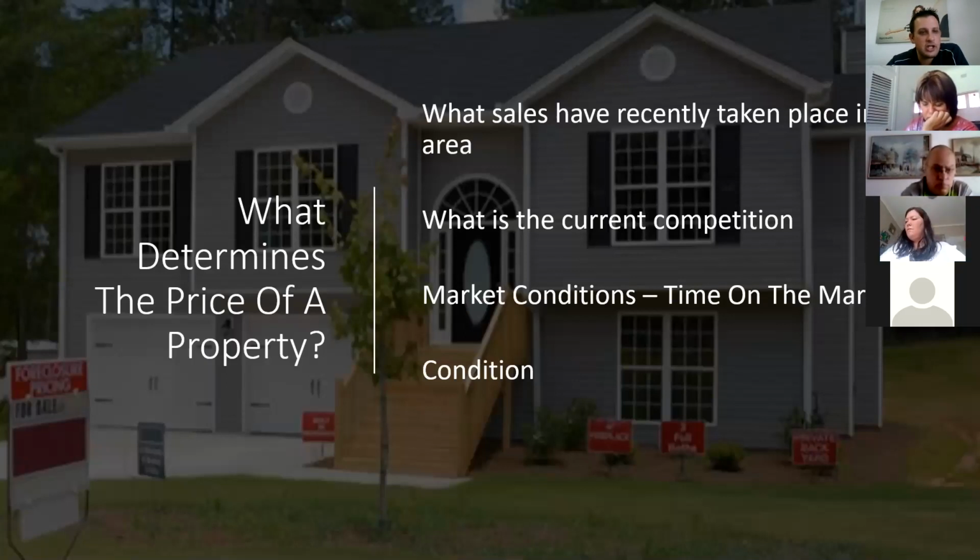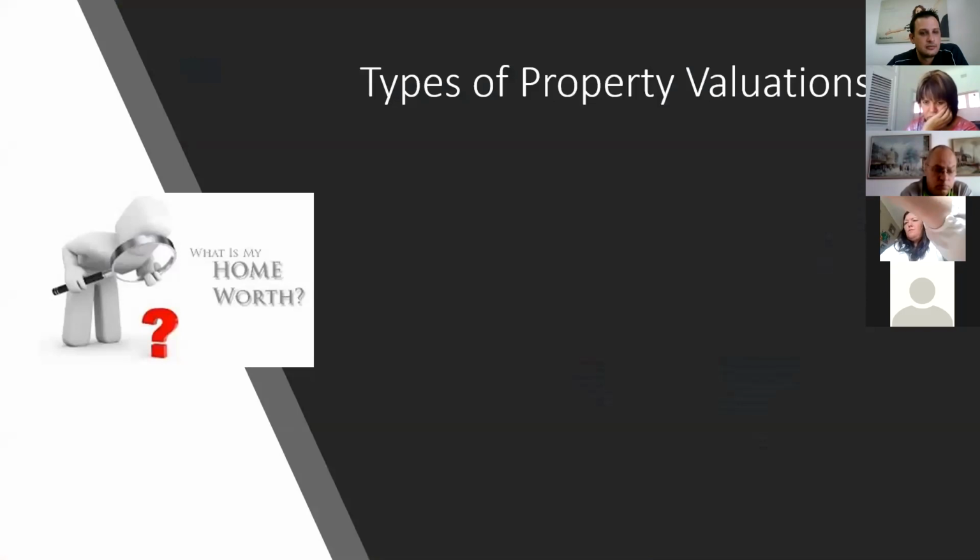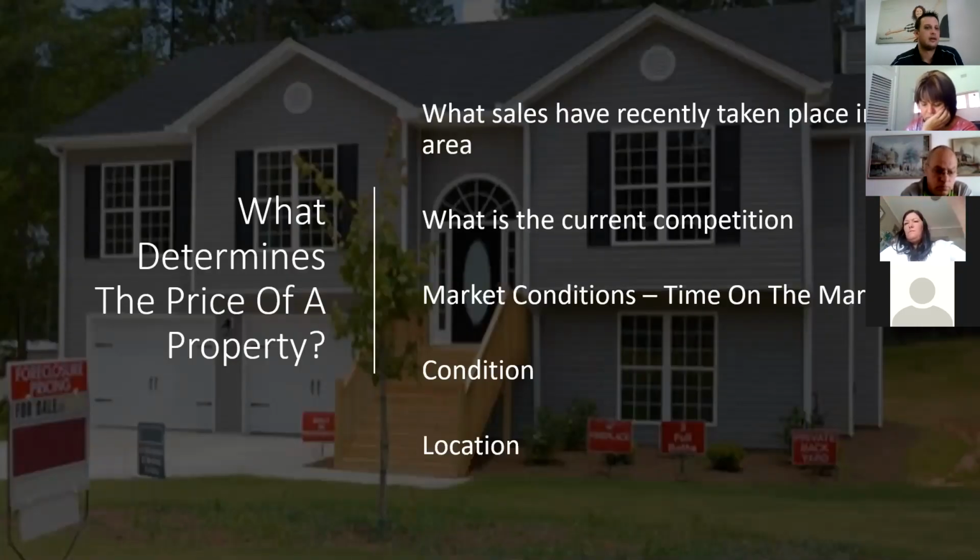The condition of the property. Location. Those all have an influence on the market value of a property. Now, I'm not going to talk about recent sales, current competition and market conditions, because we've covered quite a bit of that during the listing presentation.